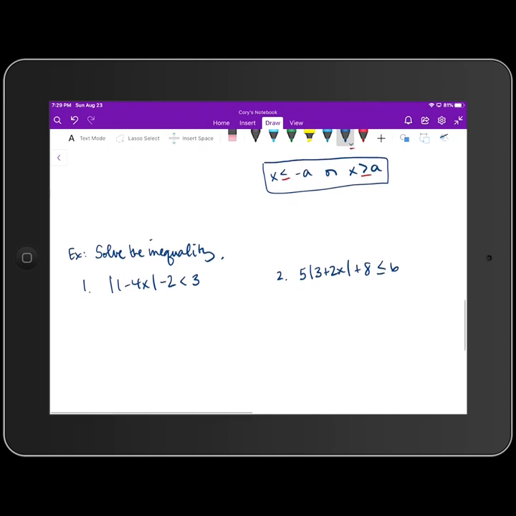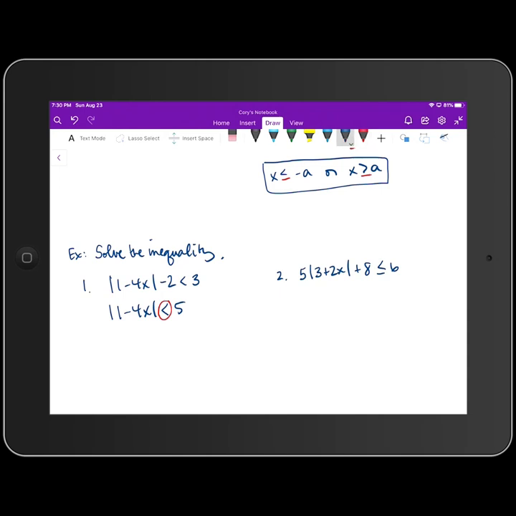So the way that I can do that is by adding 2 to both sides. So we get the absolute value of 1 minus 4x is less than 5. Again, when my inequality symbol here is less than, I know I'm going to separate the two statements with and.